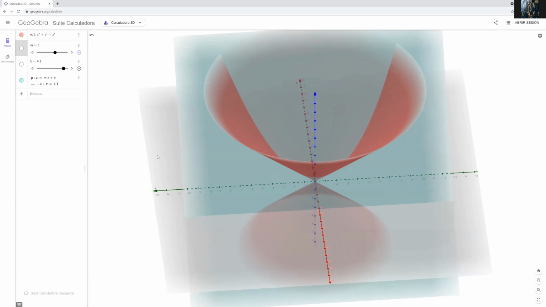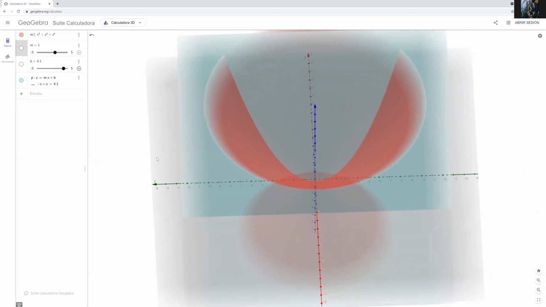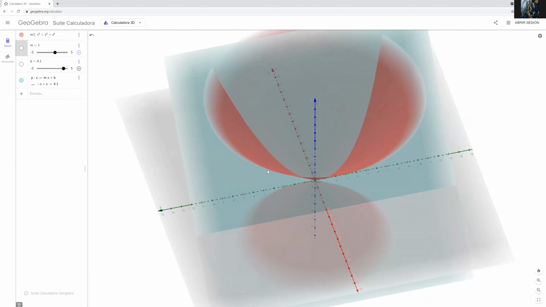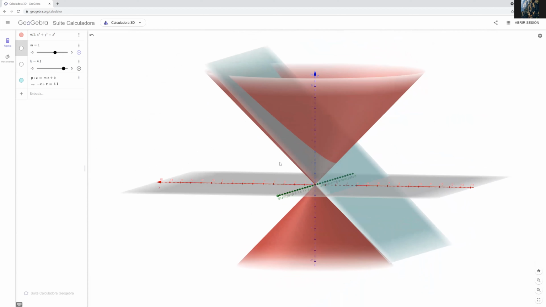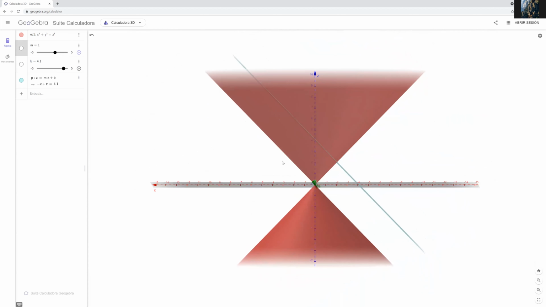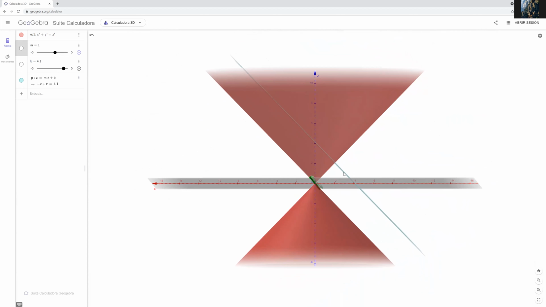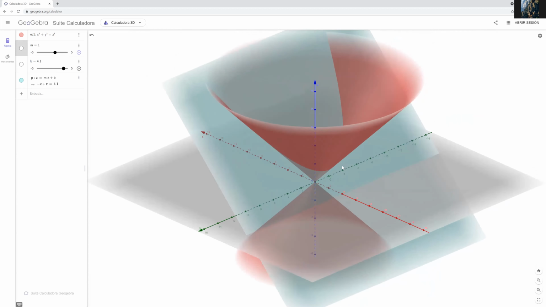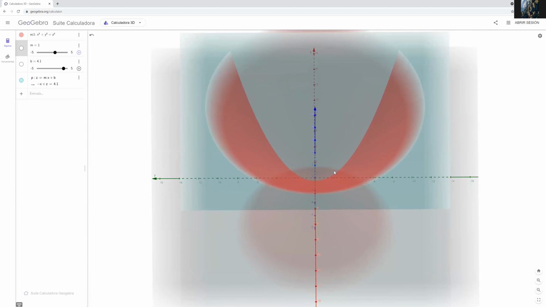That is known as a parabola. In this case, you see the plane is intersecting the cone at exactly the same slope as the cone. So we can say that the plane is parallel to the sides of the cone. What we have in there is a nice parabola.